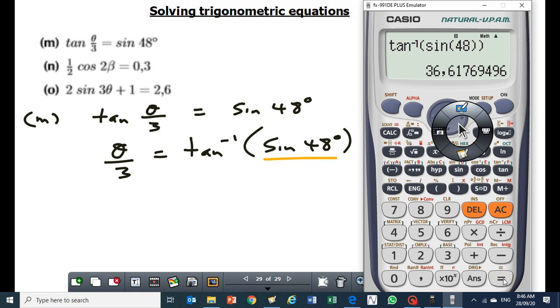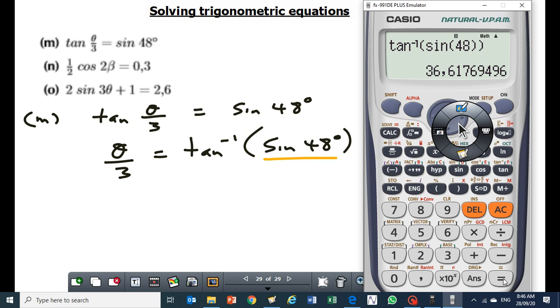It gives you 36,617 something. Now the thing is, we want theta. That's not theta. So we write the size of the angle from the calculator.